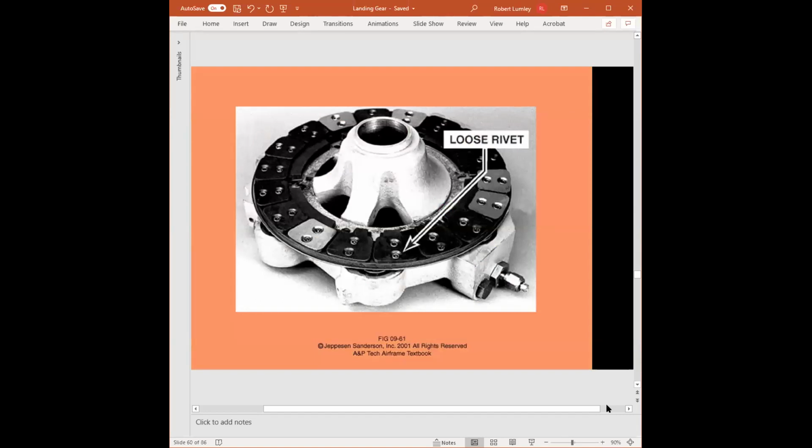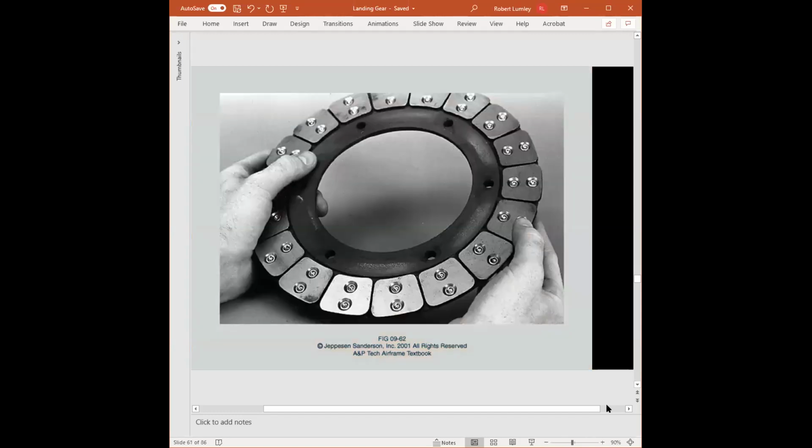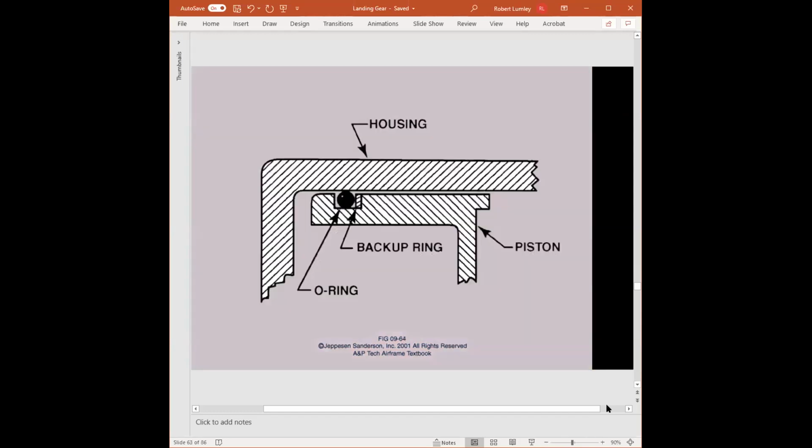The other thing is if we're doing it, we're looking for loose rivets, any type of cracking and stuff like that. Here, if we had a leak around the piston, this is generally done by the piston O-ring right here. Now, a lot of piston O-rings also have what's called a backup ring, especially if high pressure is going to be associated. This backup ring is usually like a Teflon piece.